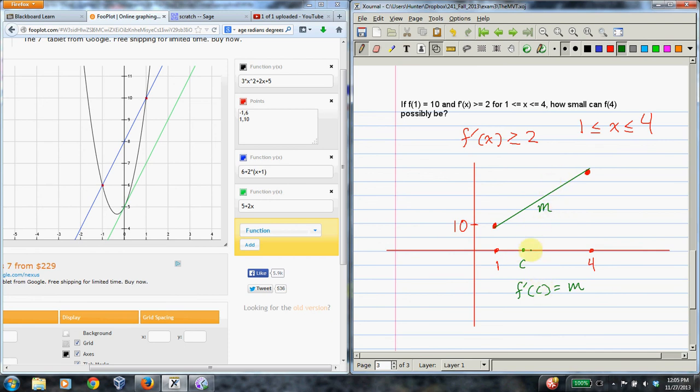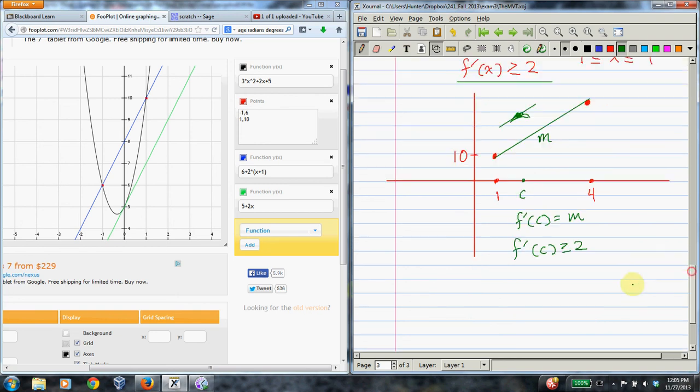But there is going to be some point c where the tangent line is parallel to m, and in notation that means that f prime of c is equal to m. And so we have to throw this into the mix. We know that f prime of c is always going to be at least 2, and so that means that m must be at least 2.